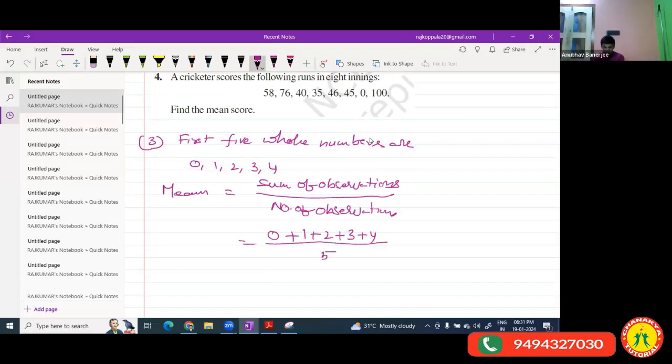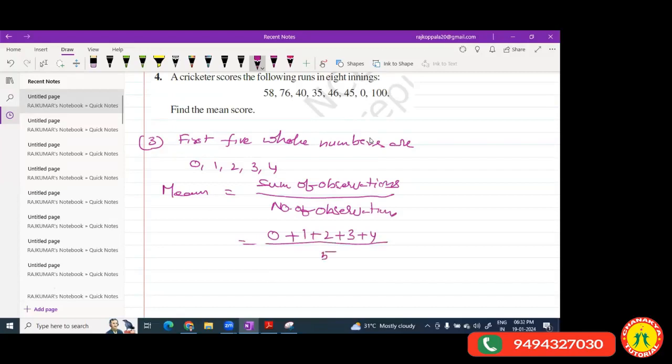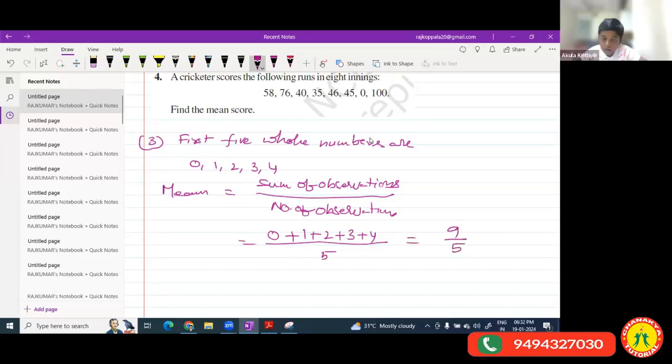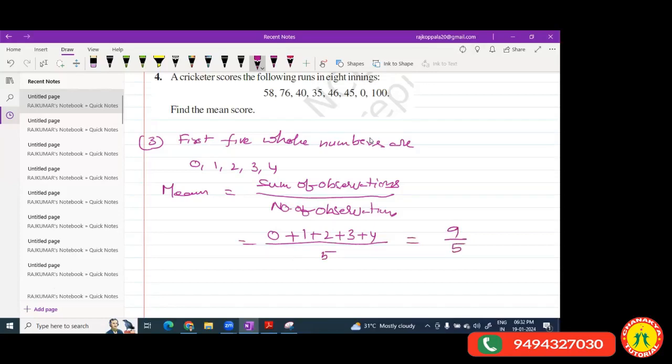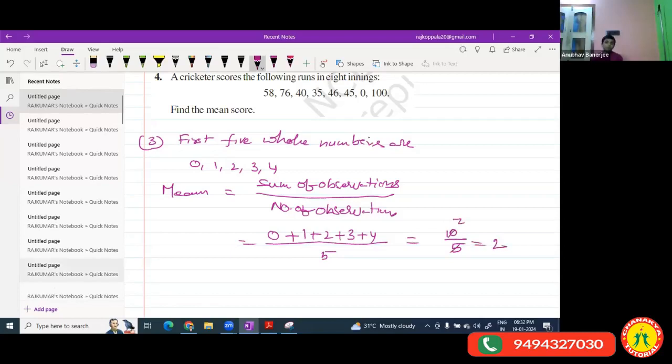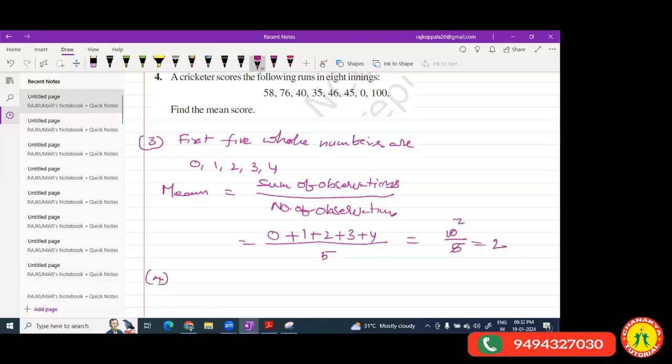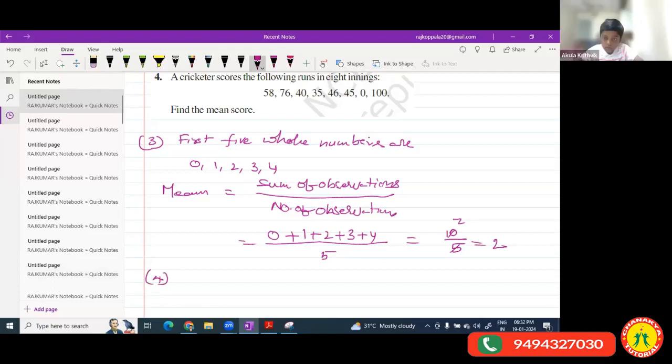So 5 whole numbers, no? So that equals how much? 10 by 5. So 10 by 5 is 2. So 2 is the mean of that data. Understood? Yes, sir.